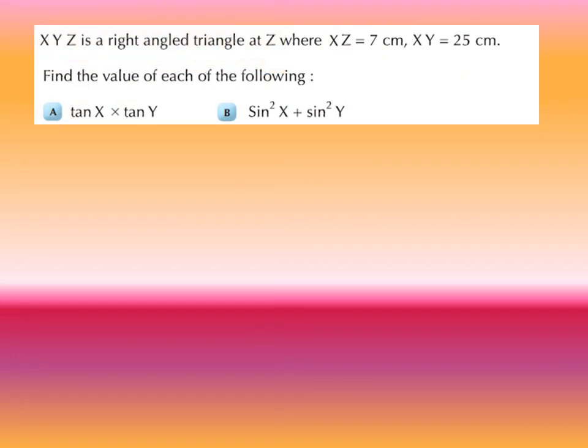Example: XYZ is a right-angled triangle at Z, where XZ equals 7 centimeters, XY equals 25 centimeters. Find the value of each of the following. Number A, tan X times tan Y. Number B, sine squared X plus sine squared Y. Solution.